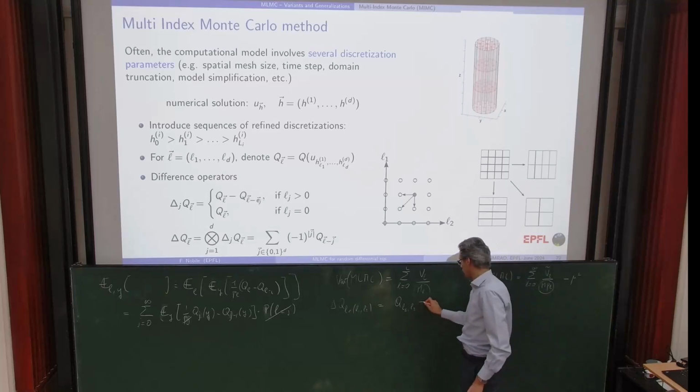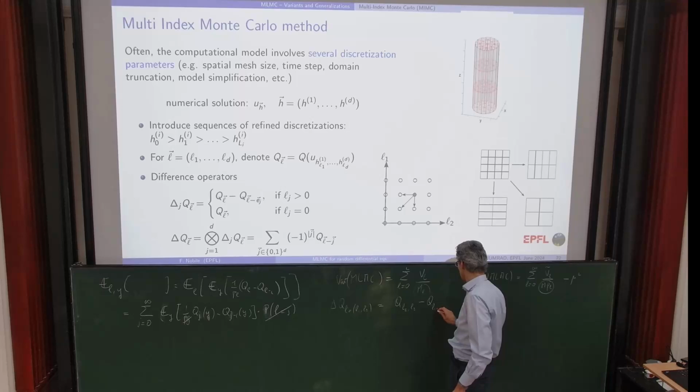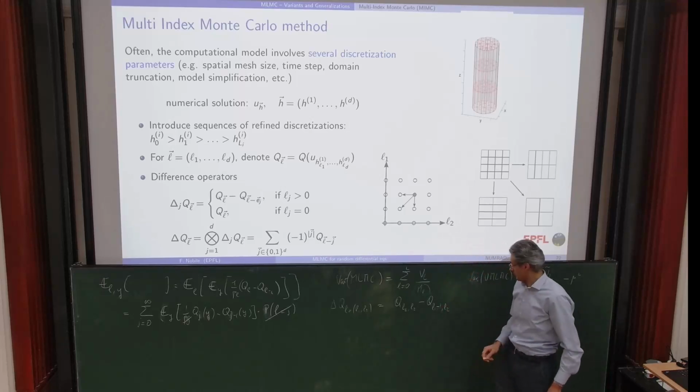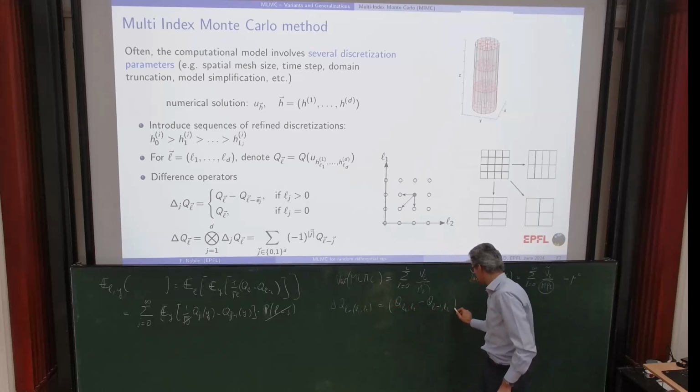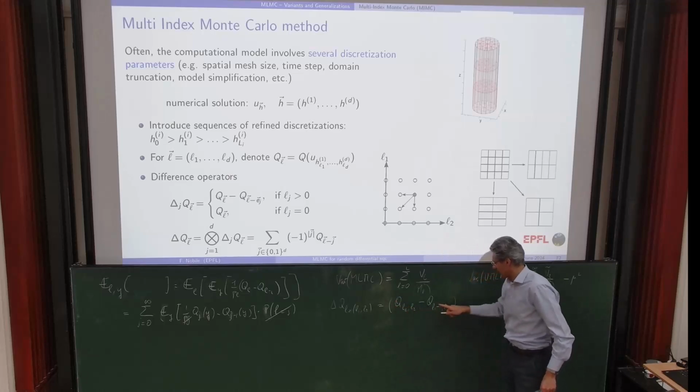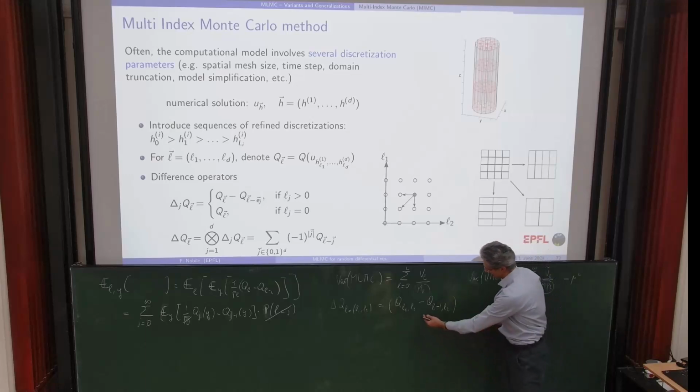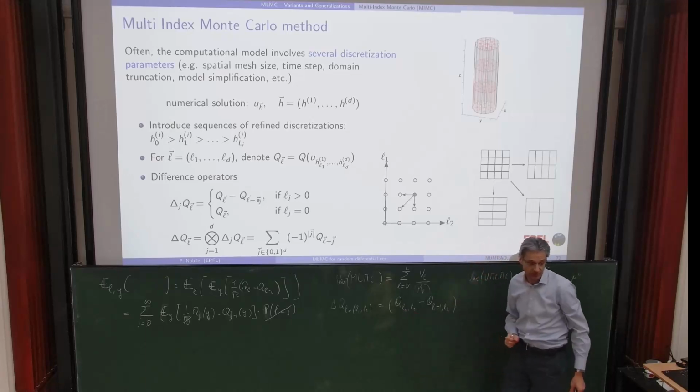Then I coarsen, let's say, in the first, so that would be Q_(L1 minus 1, L2). And then this difference, now I take the difference of this with respect to L2.